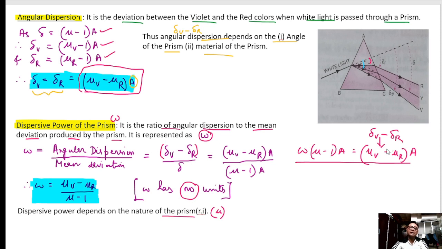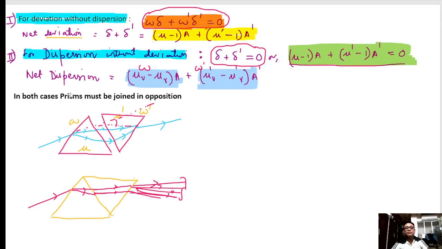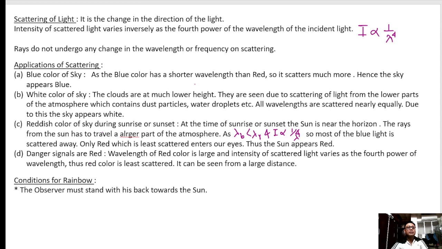Clear? So angular dispersion can be written like this. That is what we have written here. You see this. Clear?